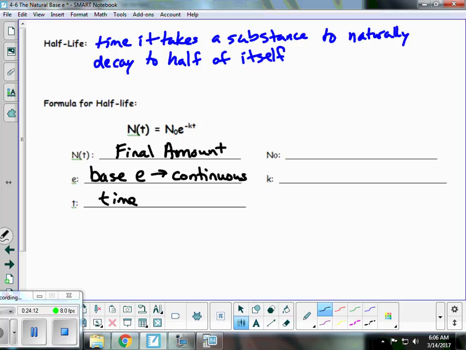N sub 0, or N naught, sometimes is how we say it. That is the initial amount, how much you start with. And K is your decay rate or decay constant.